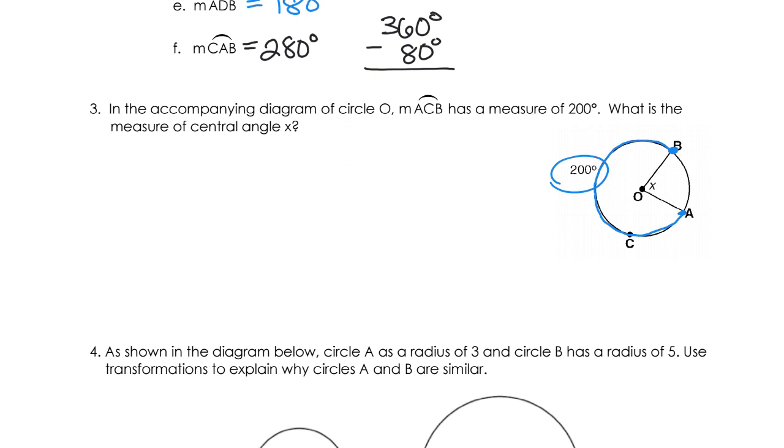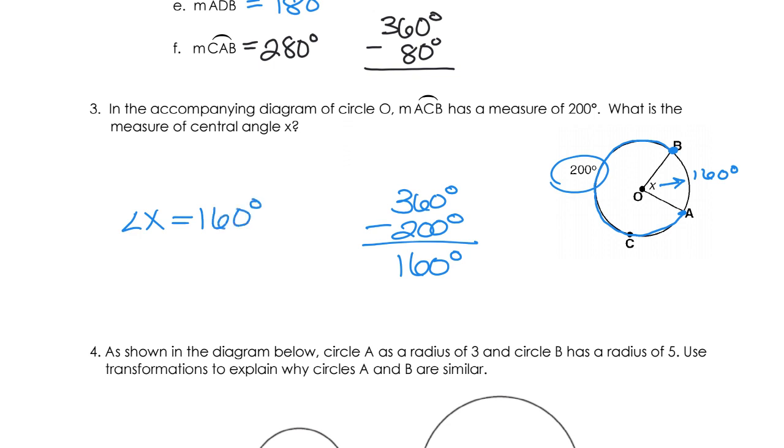They would like to know the measure of central angle X. So hopefully you guys see that if we take 360 degrees for the whole way around our circle, take away the 200 degrees, we have 160 degrees left over for this arc here. So that the 200 plus the 160 would make 360 all the way around. And if you remember, central angles are equal to their arc, and therefore angle X would also equal 160 degrees.